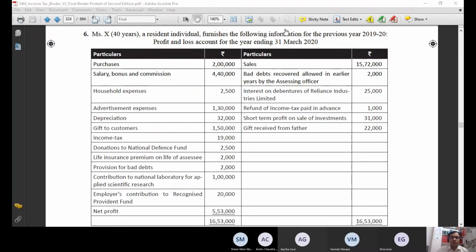Anyone who can tell me why it cannot be shown? Because of section 37 subsection 1. Do you remember the section 37 subsection 1 condition? All expenses can be allowed as valid expenses if the conditions of section 37 subsection 1 are satisfied. What are those conditions? That the expenditure should not be one which is covered under section 30 to 36.